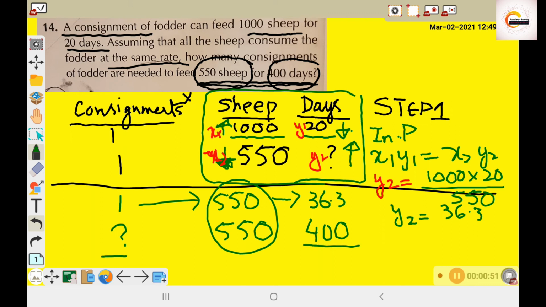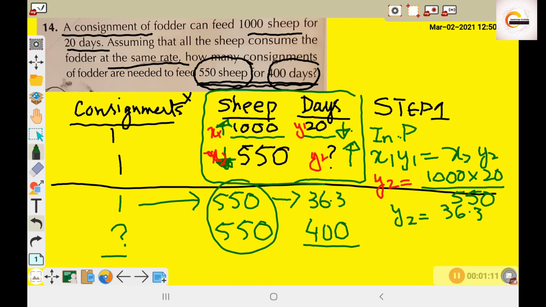So one consignment can feed 550 sheep for 36.3 days. How many consignments are required for 400 days?